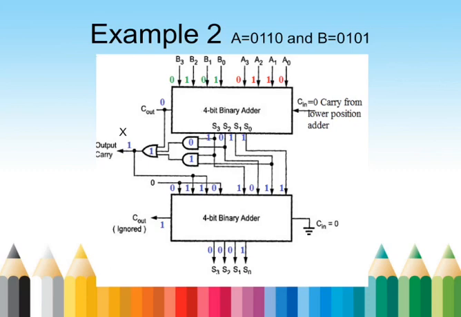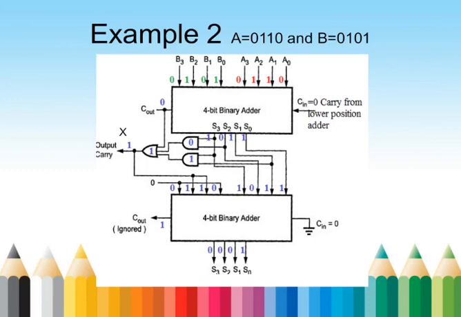Now we check the condition X in order to identify whether the obtained sum is valid or invalid. The first AND has inputs 1 and 0, so its output is 0. The second AND has inputs 1 and 1, so its output is 1.